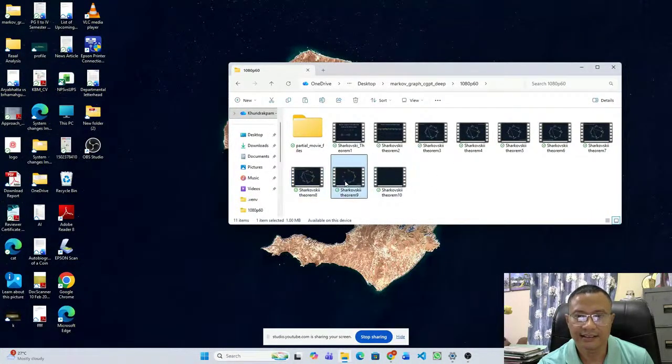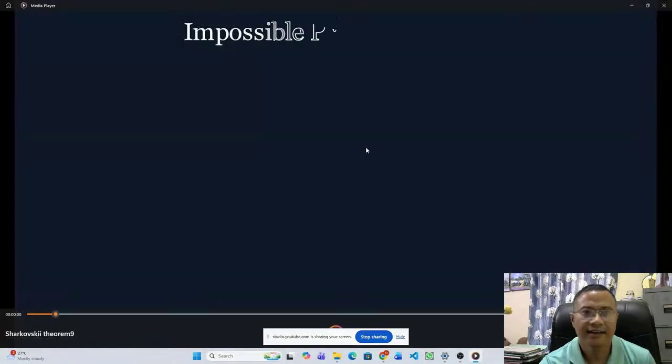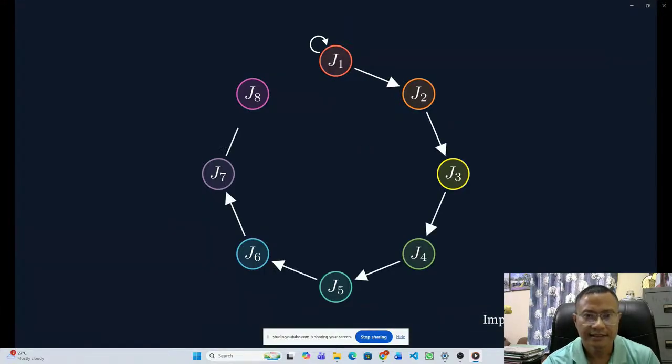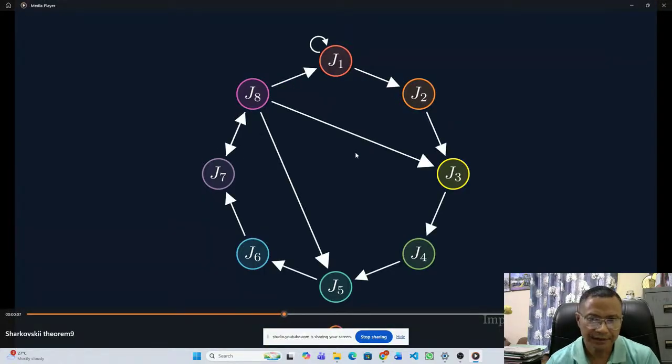Now the question is, from this Markov graph, which is the Markov graph of a periodic point of period 9, will you be able to find a primitive cycle of length 3, a primitive cycle of length 5, a primitive cycle of length 7?